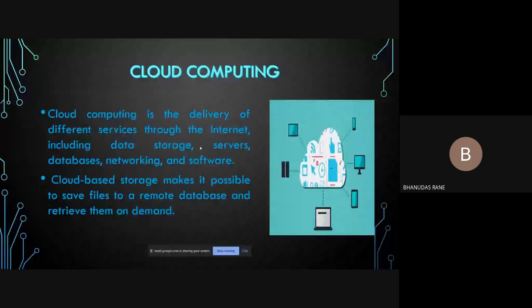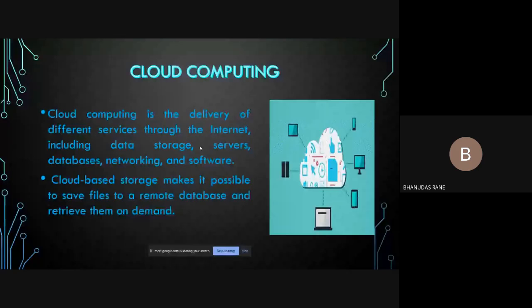Cloud computing basically runs on the internet. In the second point, cloud-based storage makes it possible to save files to a remote database and retrieve them on demand. In the right-hand side image, we can see that if any data is lost in one device, then it is retrieved from the other devices also, because it is used in one cloud, and different devices are connected to the one cloud.